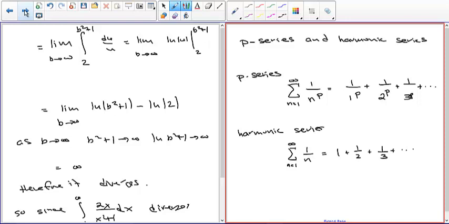And p can be any value greater than 0. And there's going to be some rules that relate to p to tell us whether the series converges or diverges. So they all have the same form, 1 to the p power, 2 to the p power, 3 to the p power. If p is equal to 1, then it becomes a harmonic series.